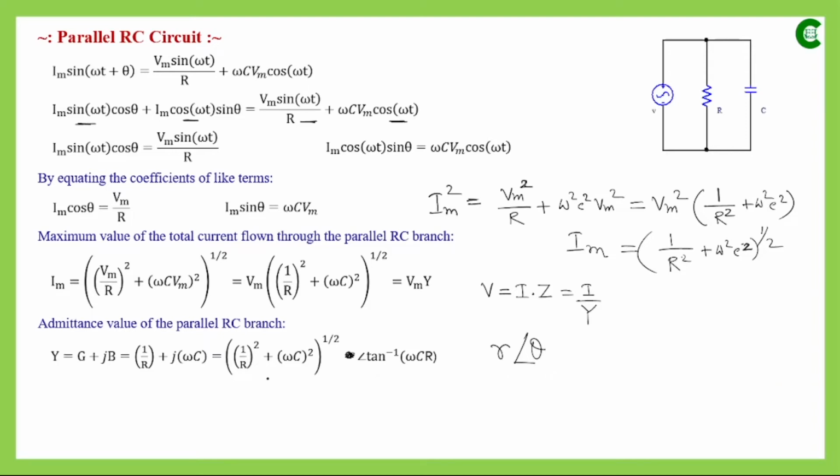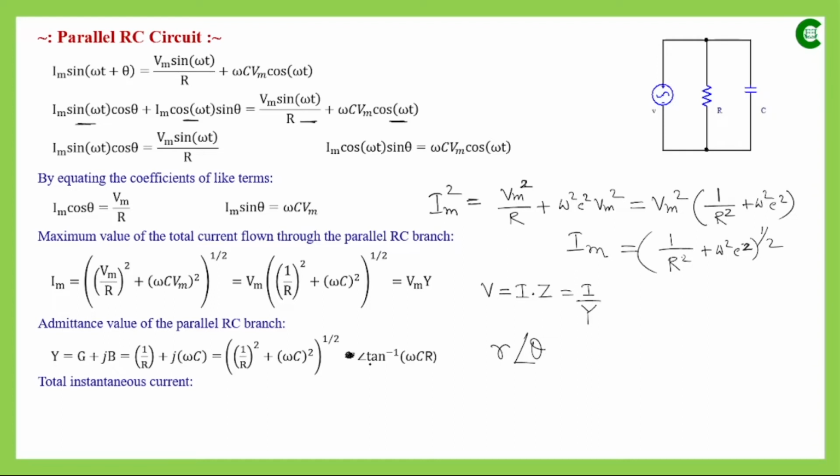Since we are finding admittance, the phase angle will be positive, or leading in nature, so it is tan inverse omega C R. Otherwise, if we had calculated the impedance, we would have got the same value, tan inverse omega C R, along with the negative sign.